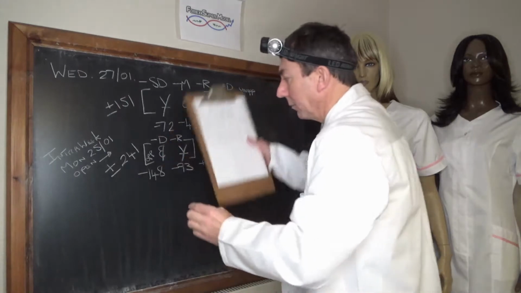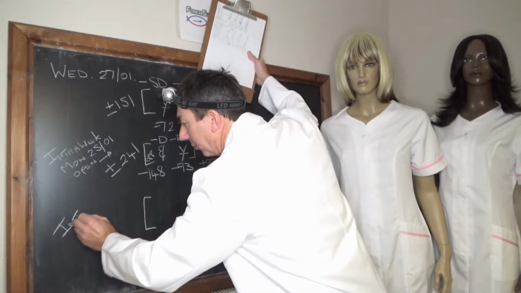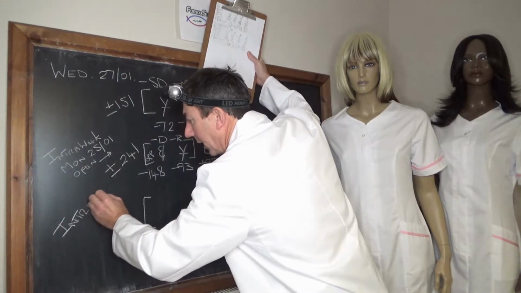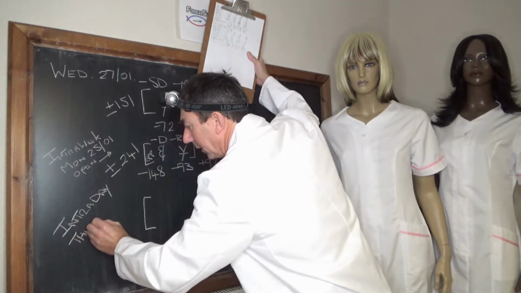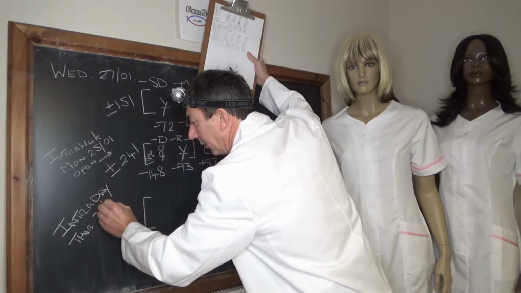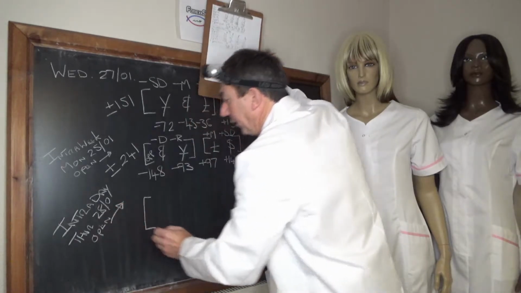So we've just got to write up the intraday flows before we can do the analysis. So intraday, so that's today, which is Thursday the 28th of the 1st, open to about 15 minutes ago.